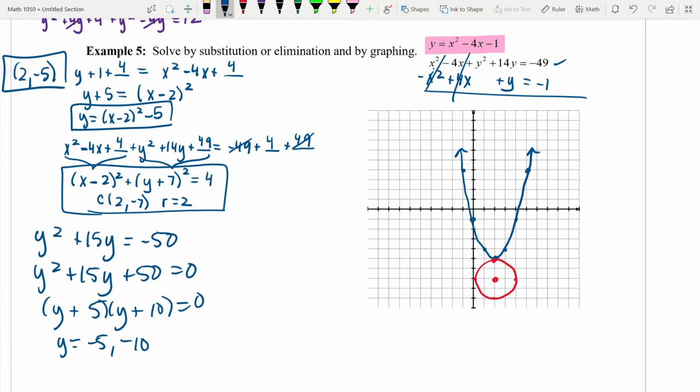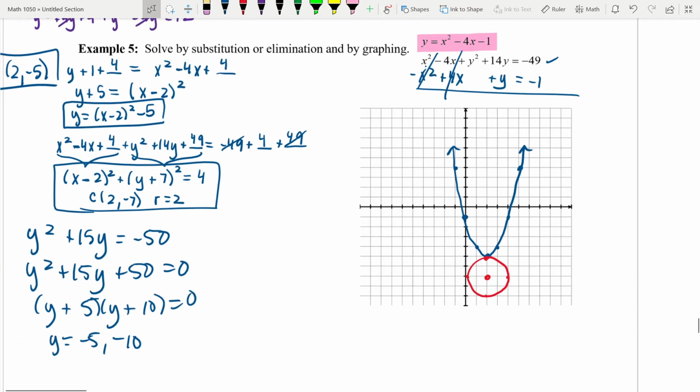Okay, plugging this back in is not fun. Which one do you think is going to be better, the top one or the bottom one? What would you do? The top one. Yeah, let's put in a negative 5. Okay, so let's try the first one. Everybody go x squared minus 4x minus 1 equals negative 5. So I'm putting a value of negative 5.